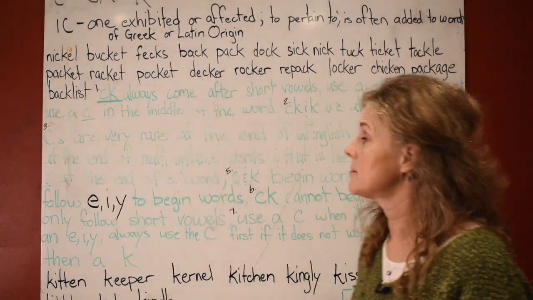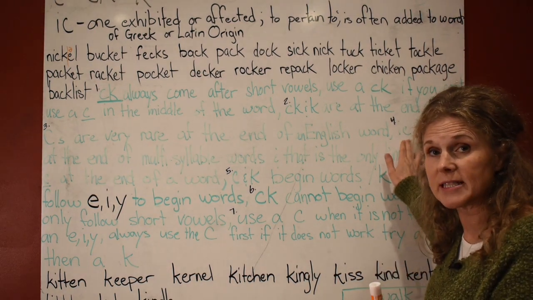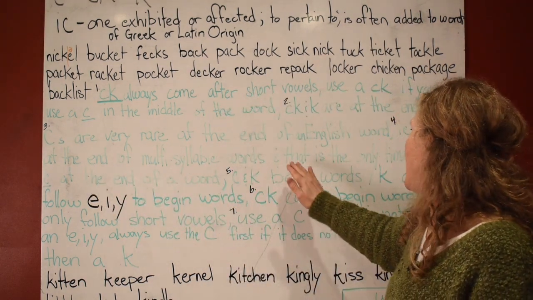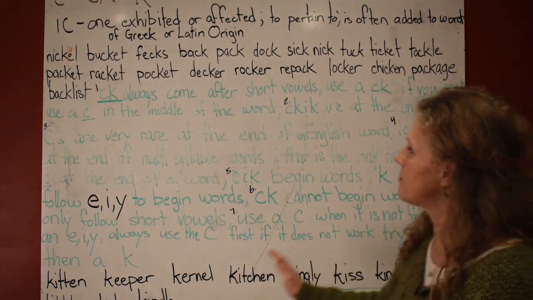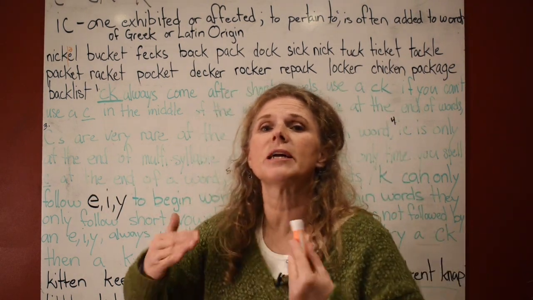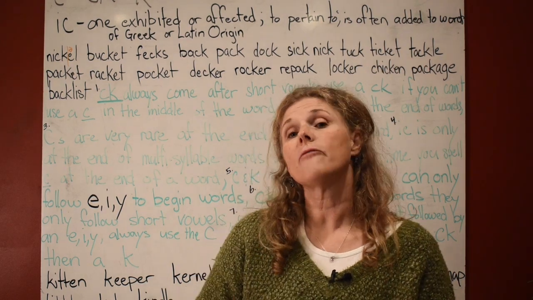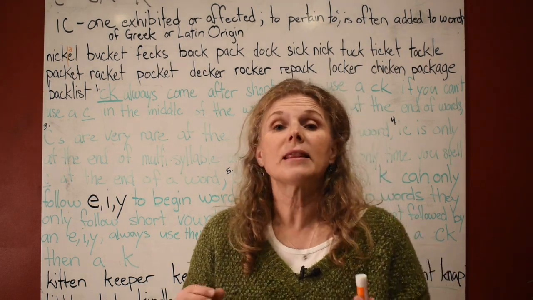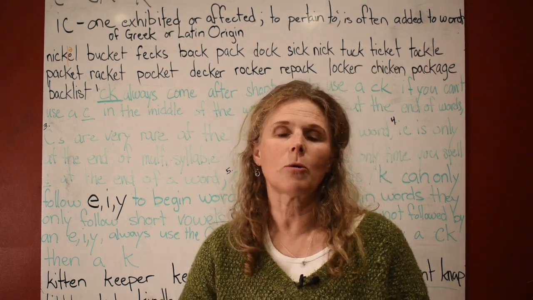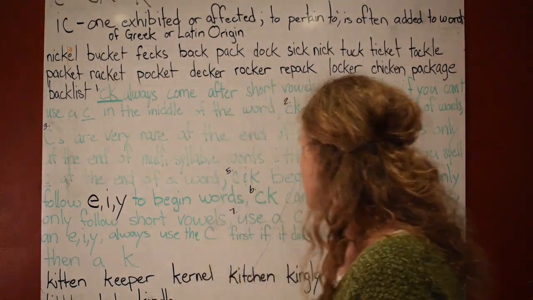You won't see that. So I-C, or if you hear the sound ick, is only at the end of multi-syllable words, and that is the only time you spell k at the end of a word. I know there's some exceptions, but I teach it the only way because the C's at the end of words is rare, unless it says ick, and that has to be in a multi-syllable word. So two syllables or more for that to happen.